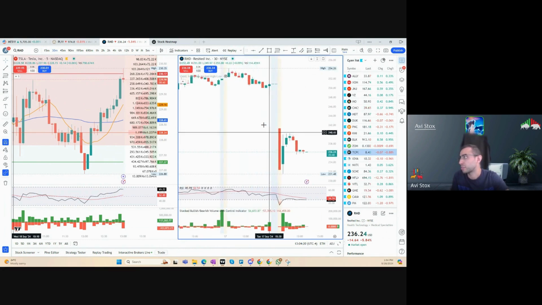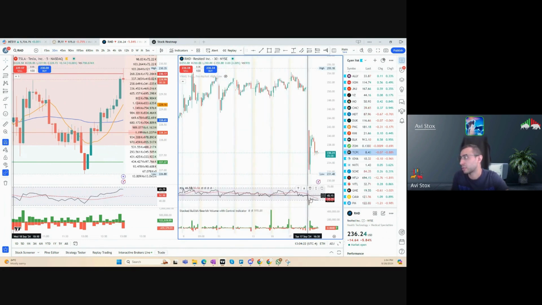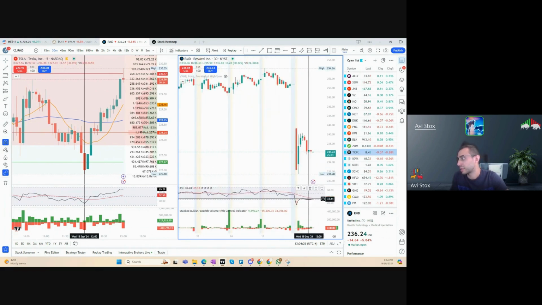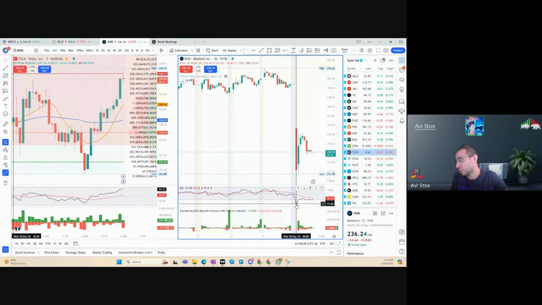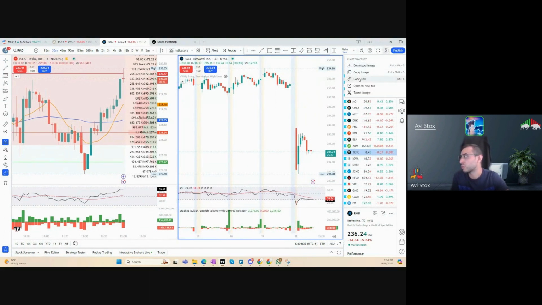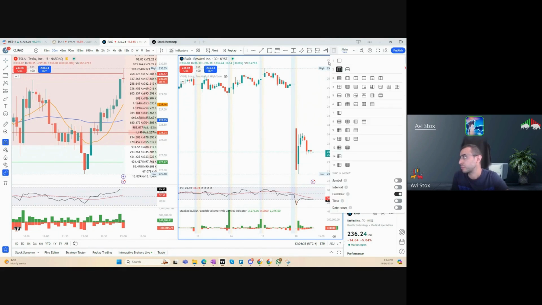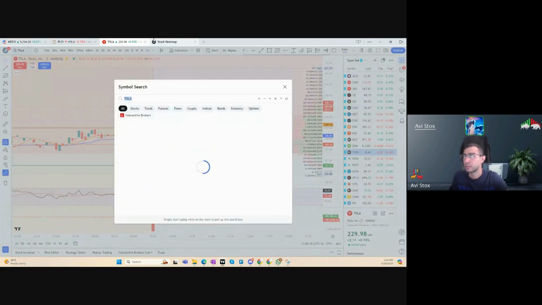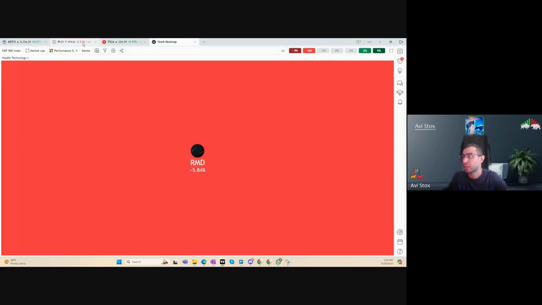Why that happened, nobody knows. But you can see based on the RSI, we are basically getting closer. It's exhausted, oversold, and we are close to, let me just see, RMD.